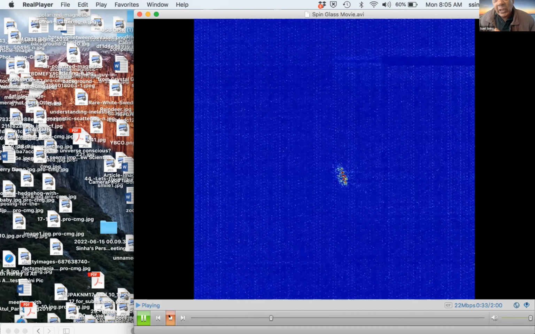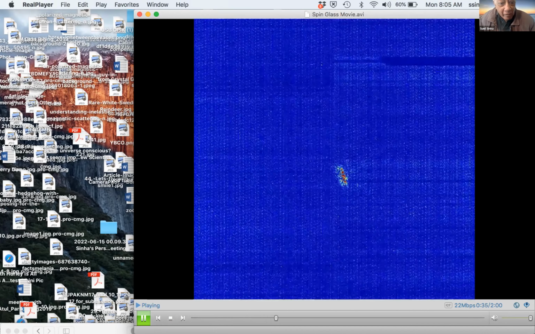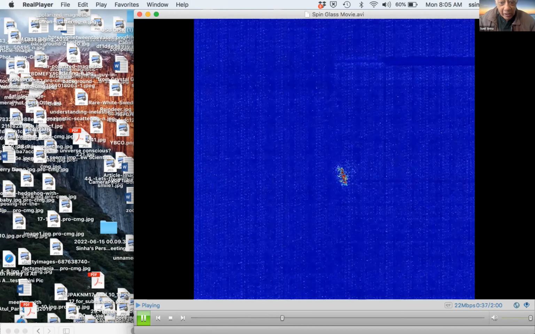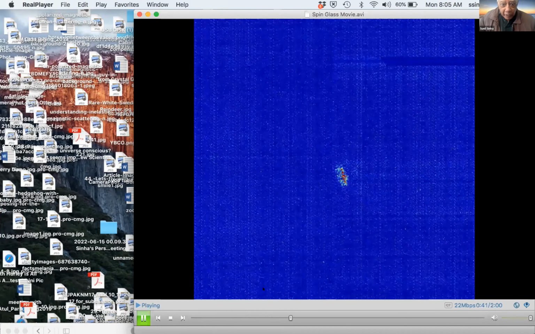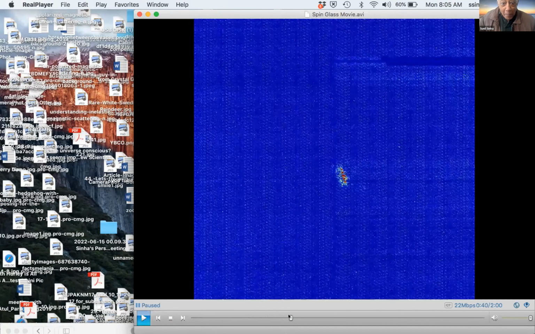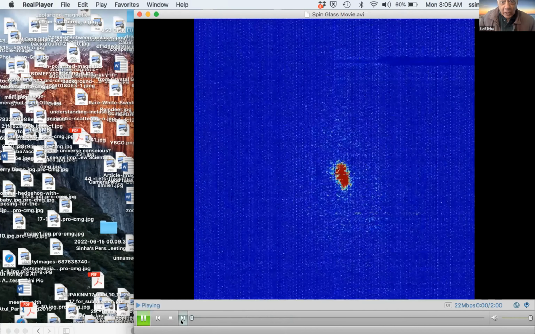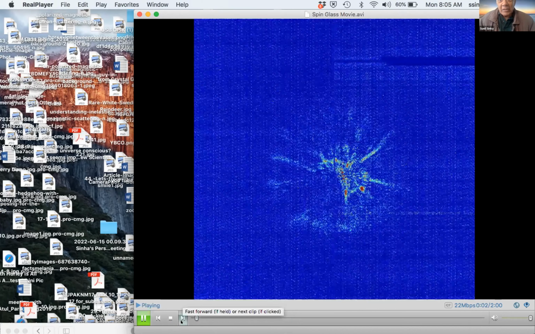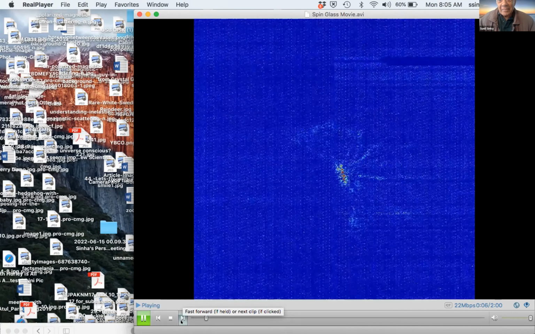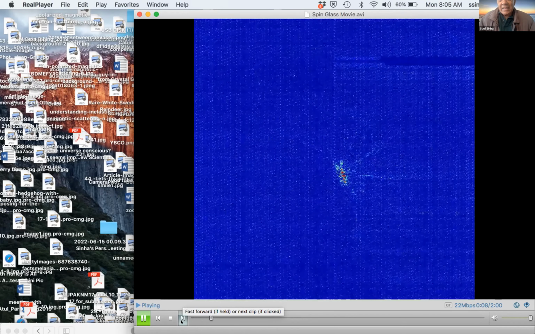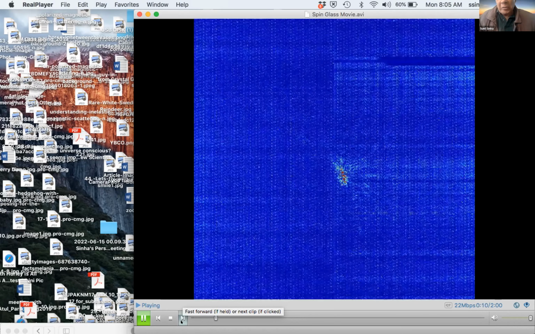If anybody can give me an explanation for what's going on with the speckle pattern, I will give you $50. How's that? Look at it once again. Anyway, I'll come back to this later.